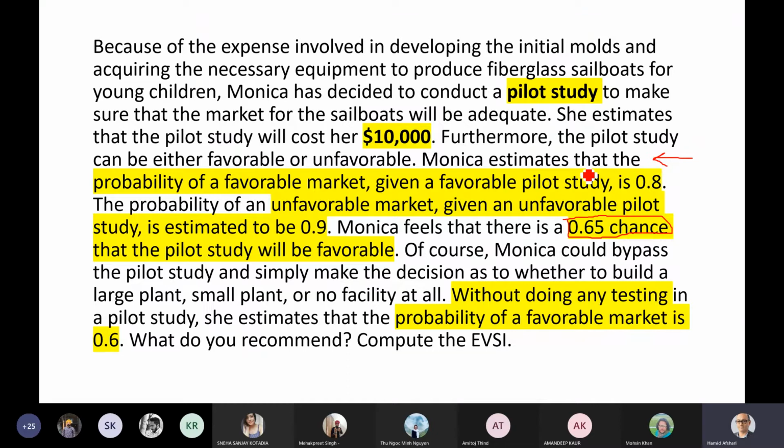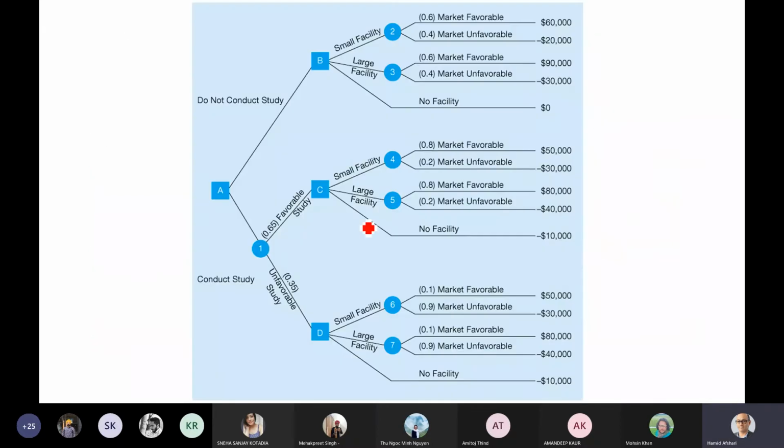Monica estimates that the probability of a favorable market given a favorable pilot study, which is a conditional probability, is 0.8. Okay, so 0.8, keep it in your mind. So favorable study and given the favorable market is 0.8.